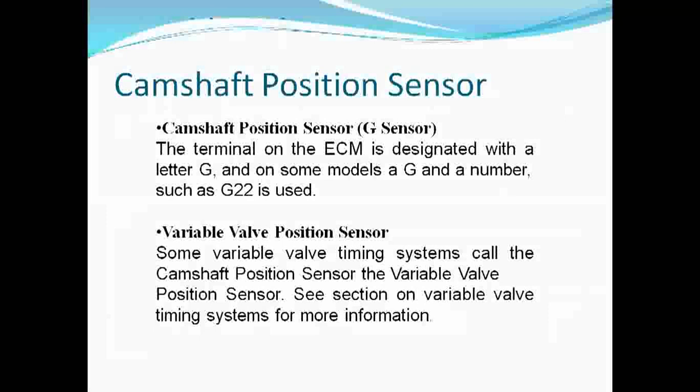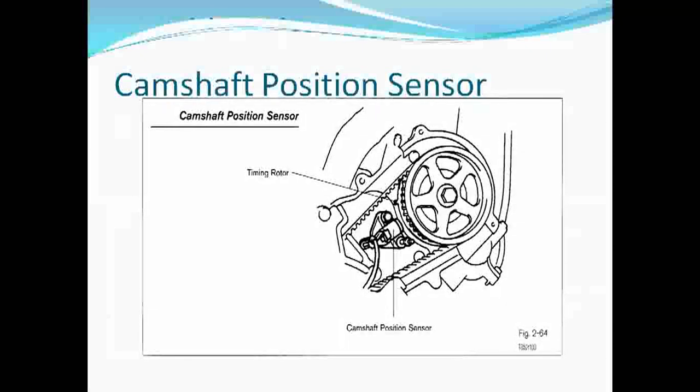We'll be seeing the difference between these two subsystems. Here is the pictorial representation. So the timing rotor has been fixed over here. Upon rotation, the chain cam is fixed, and here the cam position sensor has been placed.